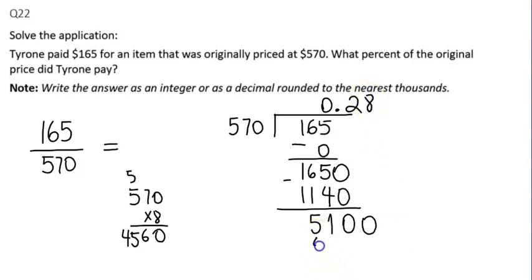Now I have 4, 5, 6, 0. When I subtract this, I have to borrow.